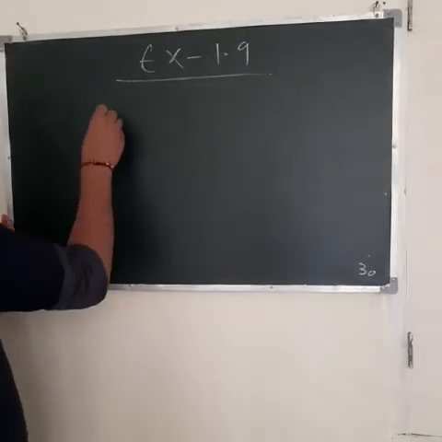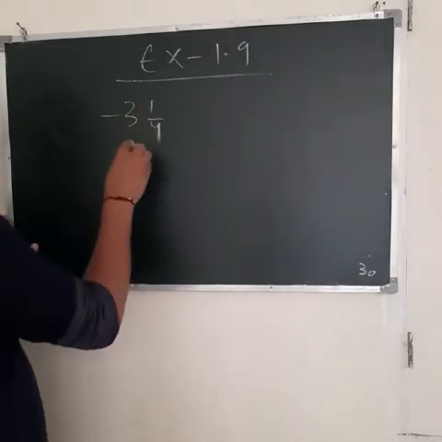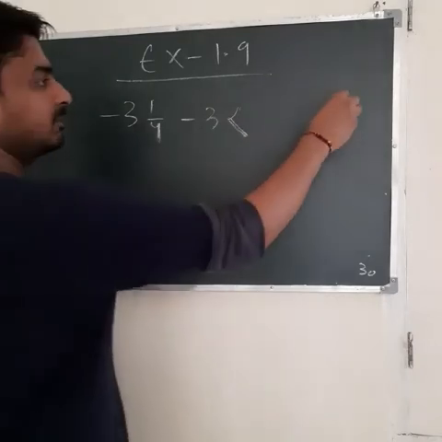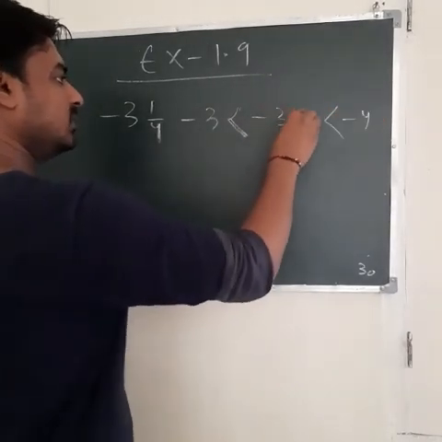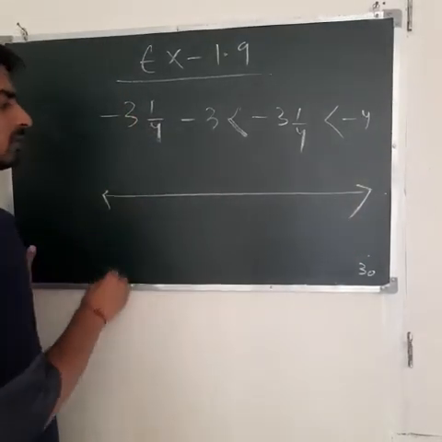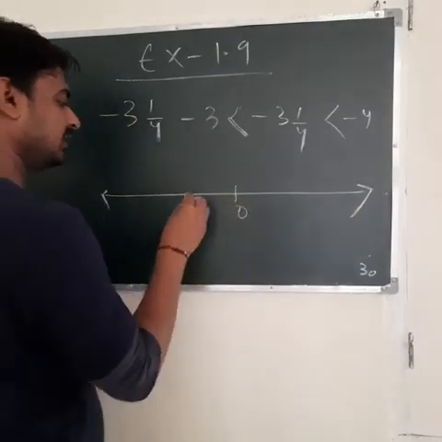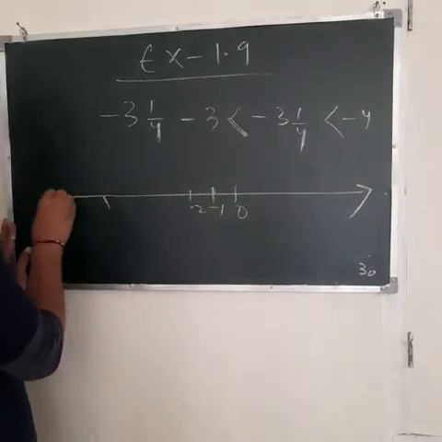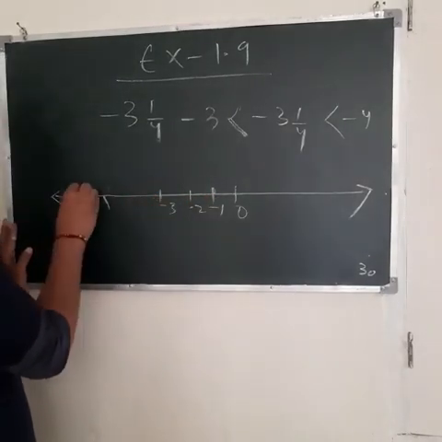Next is minus 3 into 1 upon 4. This value is less than minus 3 but greater than minus 4. So we have to write it on a number line. Here is the 0, here is minus 1, minus 2, minus 3, here is minus 4.